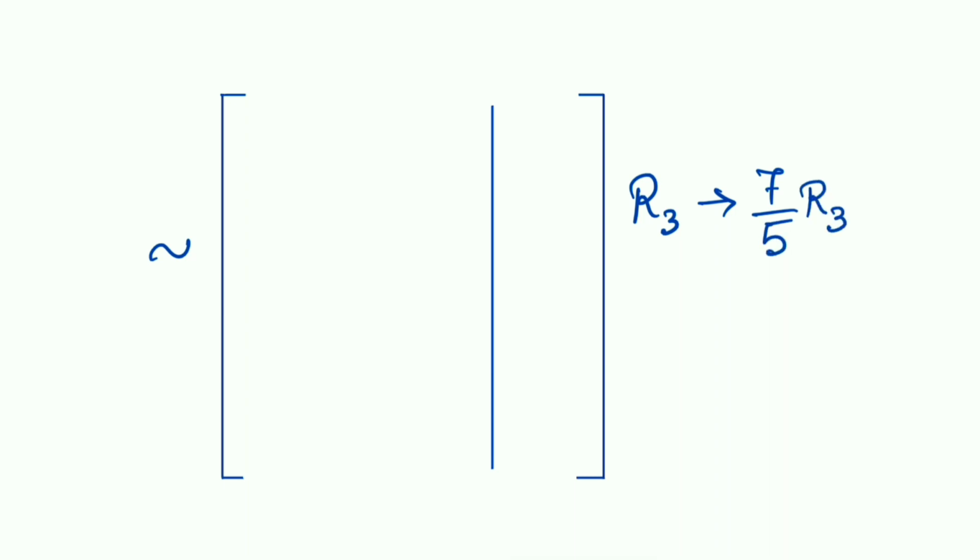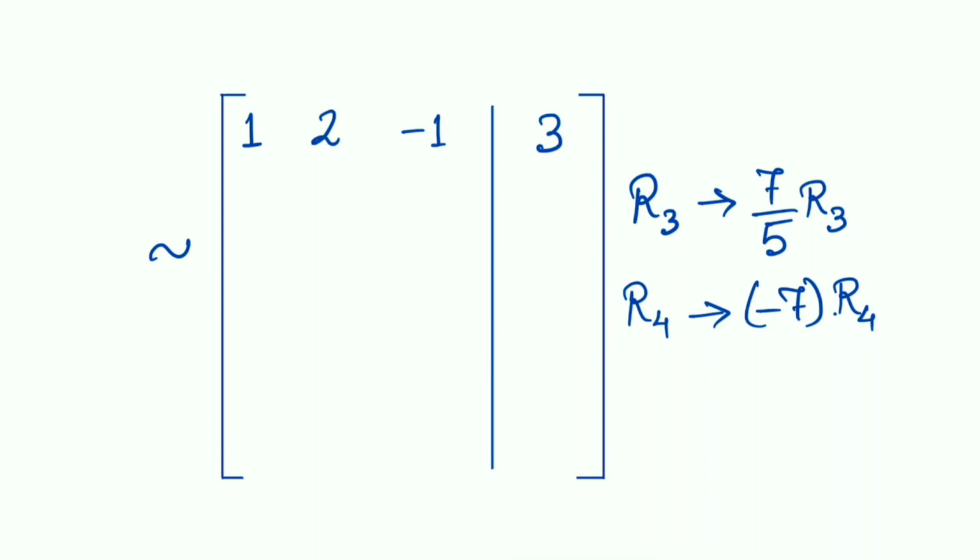So, in row 3, we will do scalar multiplication of 7 by 5 and in row 4, we will do scalar multiplication with minus 7, and with these two operations in row 3 and row 4 the matrix reduces to the form 1, 2, minus 1, 3, that is row 1 and row 2 remain same because no operation is done in row 1 and row 2. It is minus 5 by 7, 8 by 7.